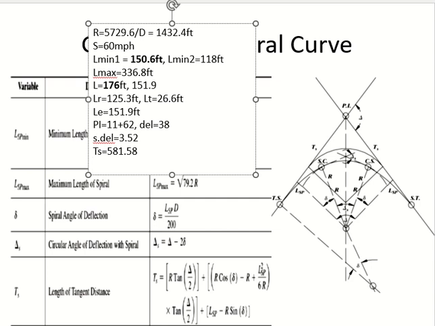Okay, so we know PI, from here to here, it is 581.58.